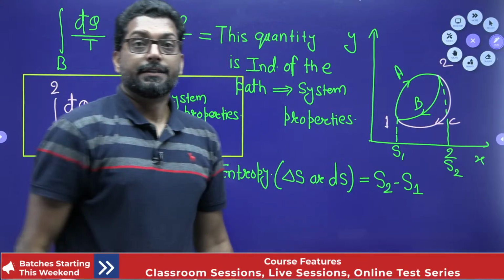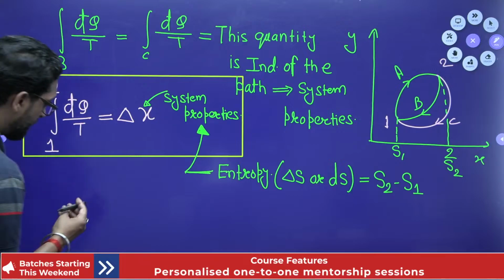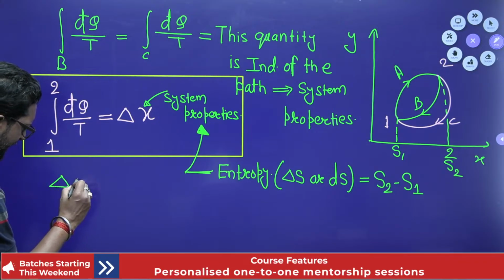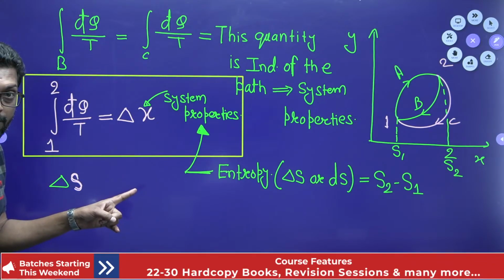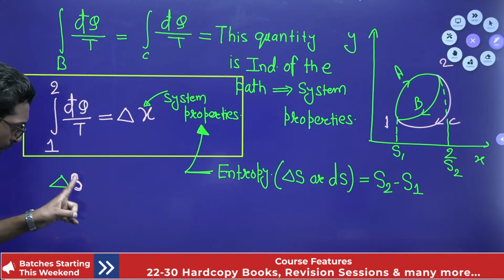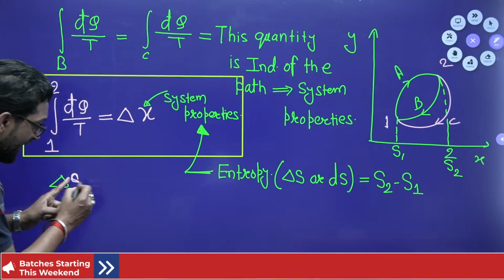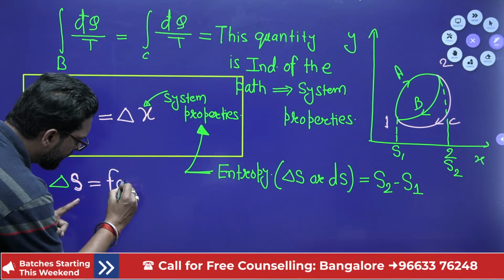Now, my dear, there is one confusion, very important. Change in entropy is like change in property; S is the property. A change in property is for any process.